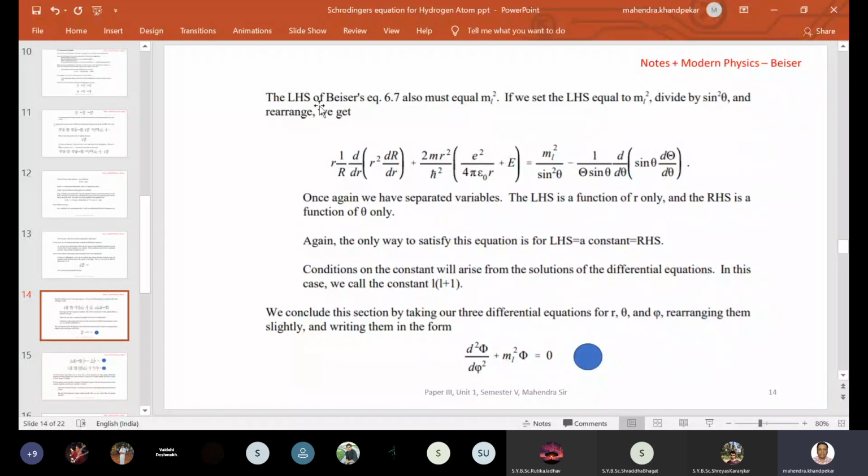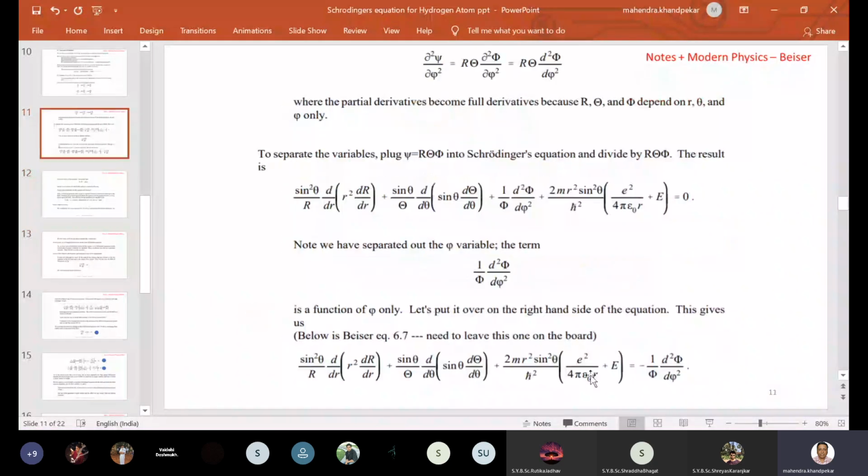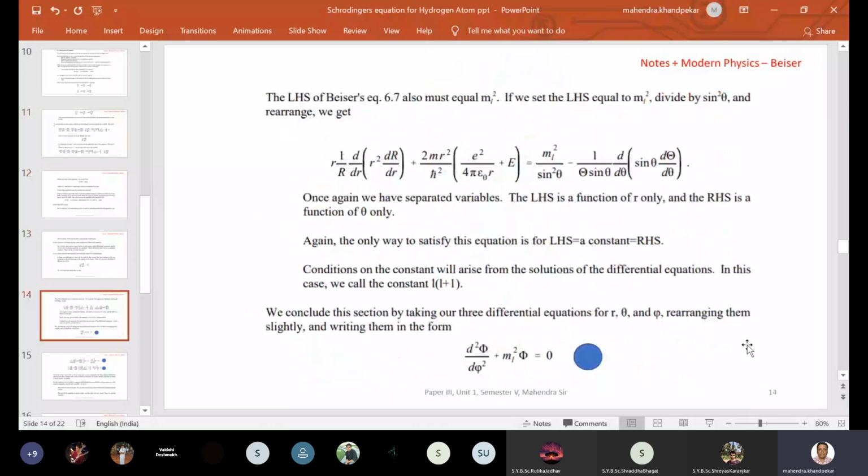Now the LHS of the equation must also be equal to ml square, since the right hand side you have equated to ml square. So the left hand side will also be equal to ml square. See, this whole thing will be equal to ml square, so it will always be equal.